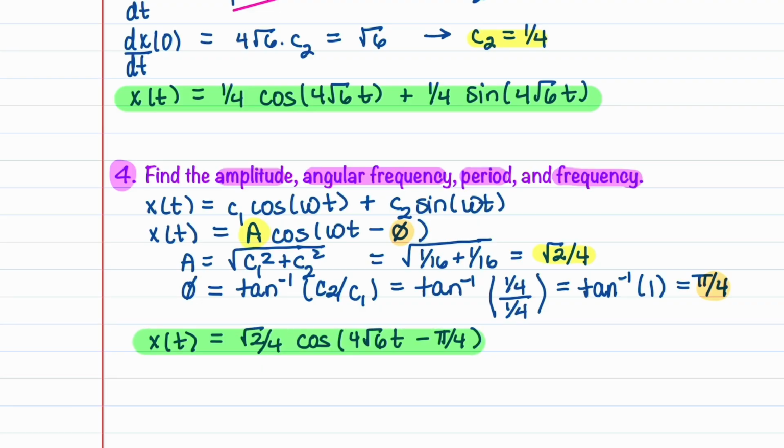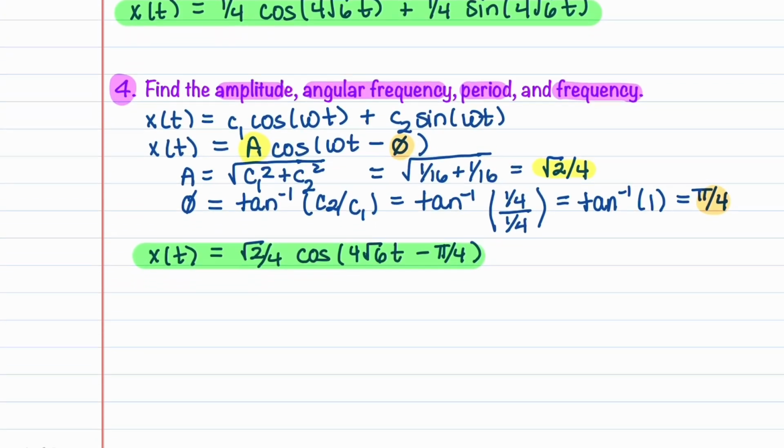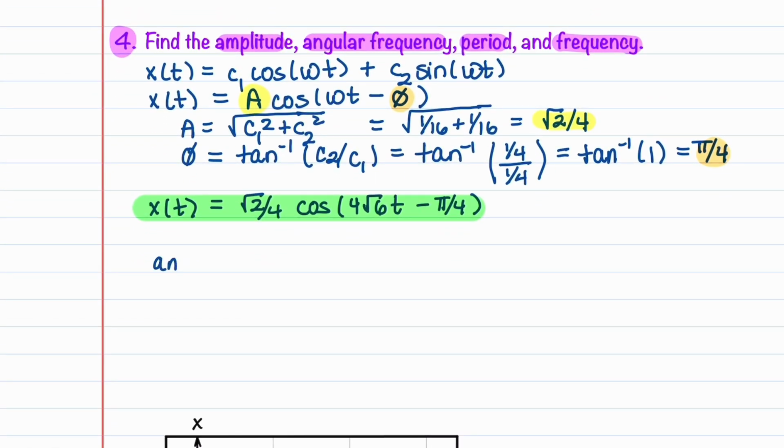Now that we have x rewritten in this new form, we can find these four quantities. The amplitude is equal to A, and it's just the constant that multiplies our trig function, and that is the square root of 2 divided by 4, and the units for that are feet.